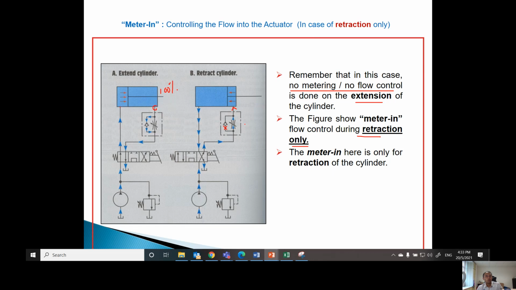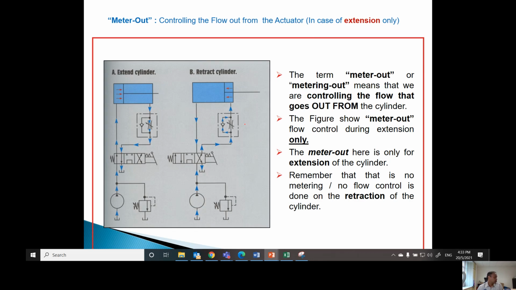And now we want to see what meter out is. Meter out, the basic definition is when we control the piston movement, or we control the flow rate that goes out from the cylinder.